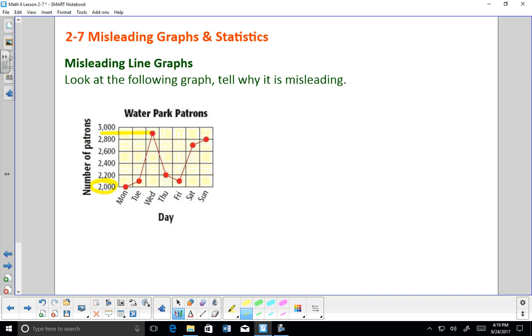But the graph makes it appear that Wednesday was so much more crowded than Monday, when it was only slightly more crowded. So the scale doesn't start at 0. So it looks as if Monday had hardly any visitors.